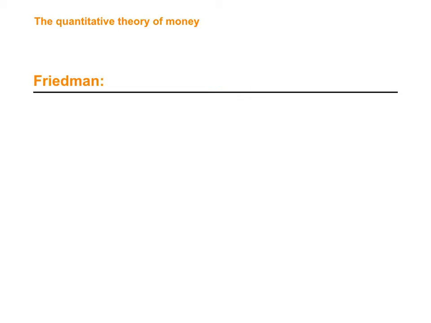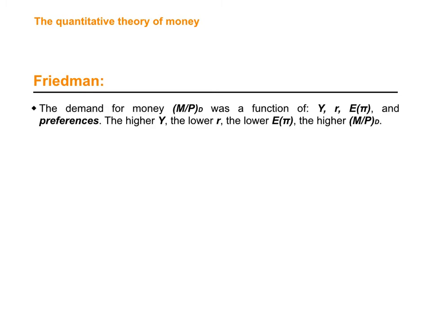But now let's study a little bit of what Friedman said. Milton Friedman, the main representative of the monetarist school, is going to make a very important contribution and some criticisms of the orthodox Keynesians. For Friedman, the demand for money was a function of income, the interest rate, expected inflation, and preferences.